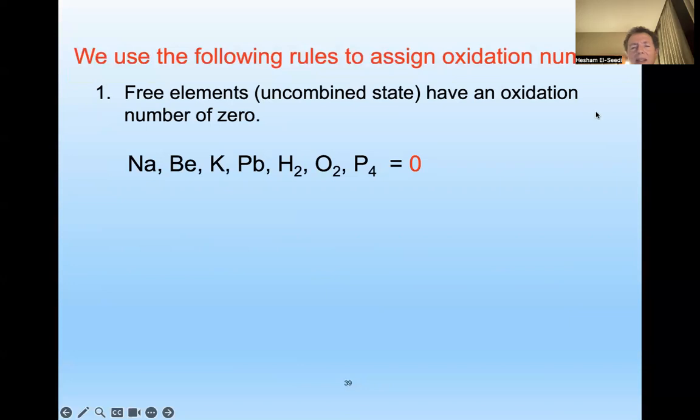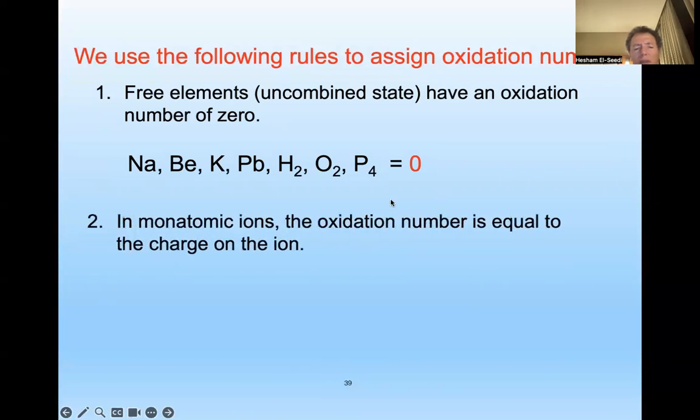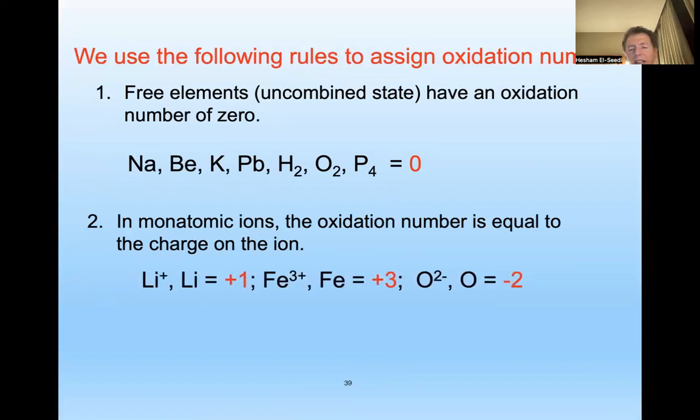Then it comes to the rules to assign oxidation numbers. The free elements, for example, have an oxidation number of 0, like these examples, while for monatomic ions, the oxidation number is equal to the charge, like for example lithium, iron is 3, oxygen is 2.